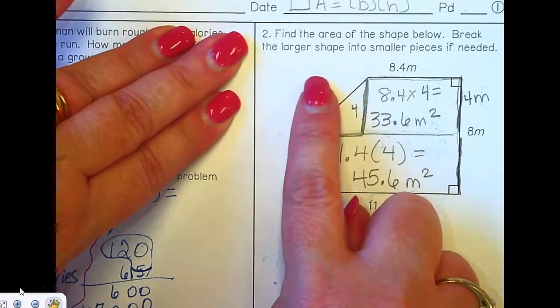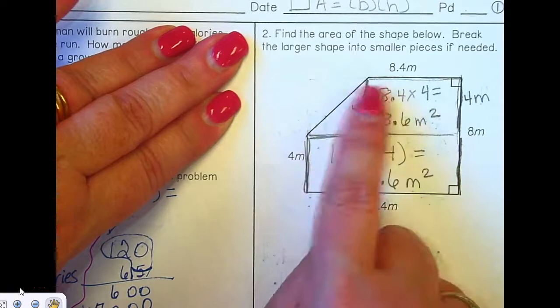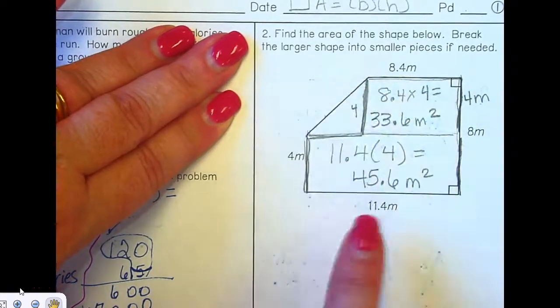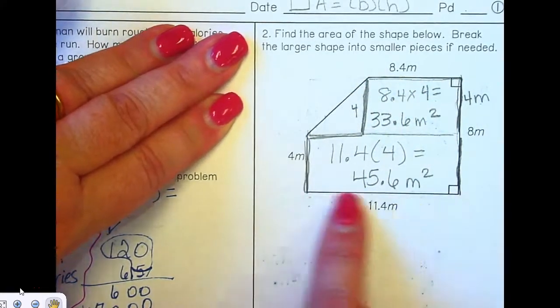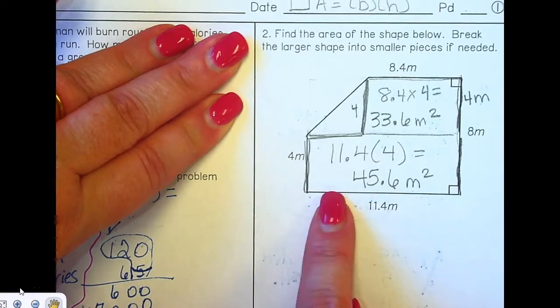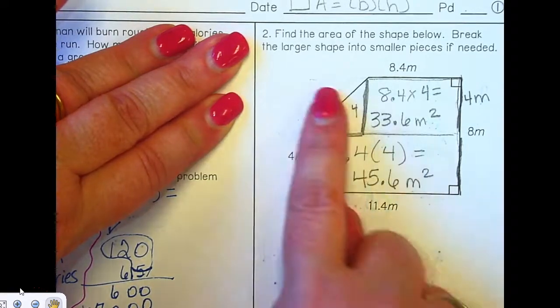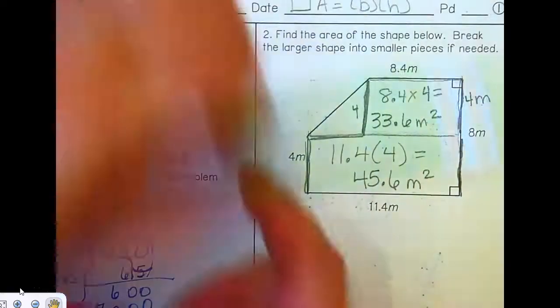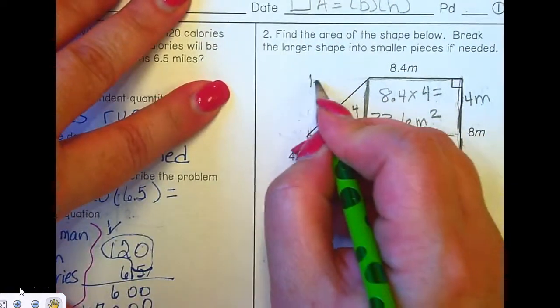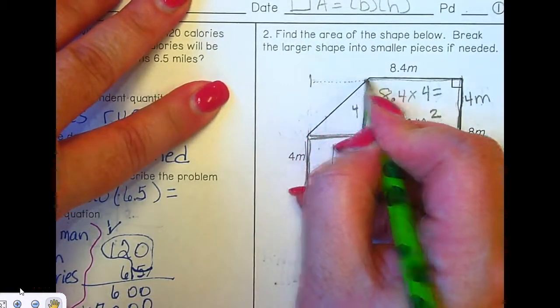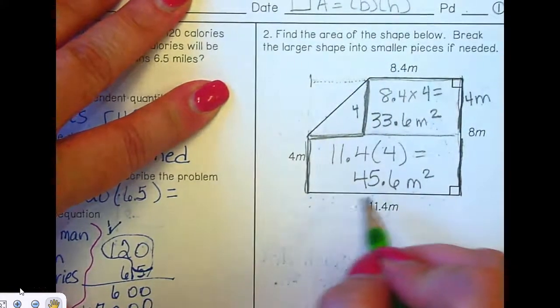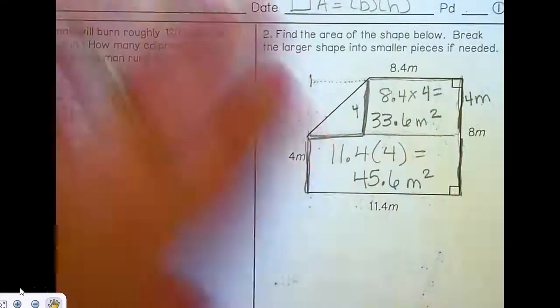Would you agree? So this whole line has to match this whole line, right? So this whole thing from here to here, including this part right here, has to be 11.4.